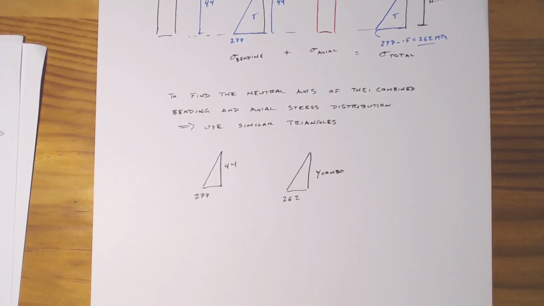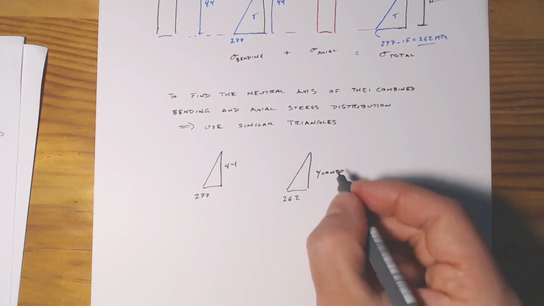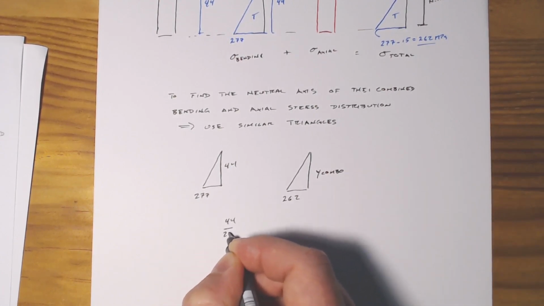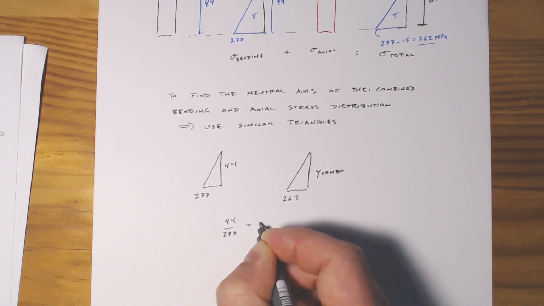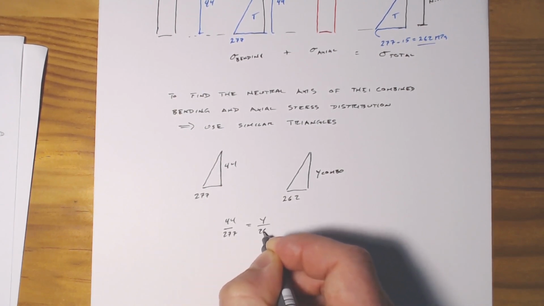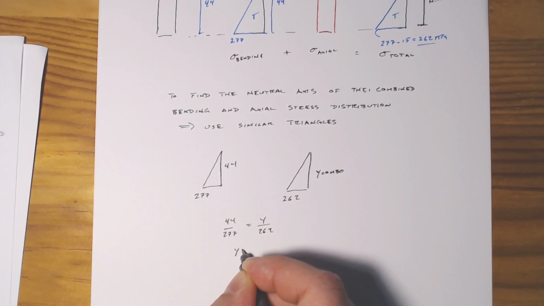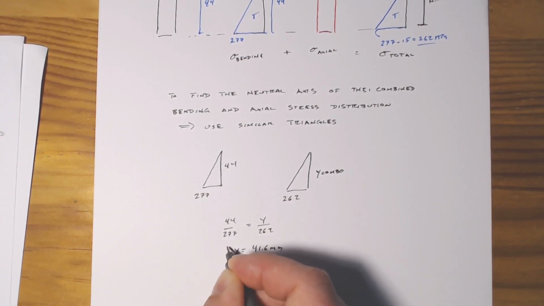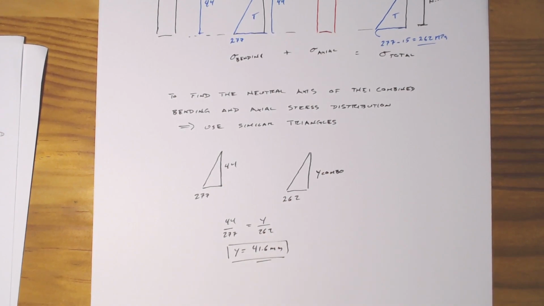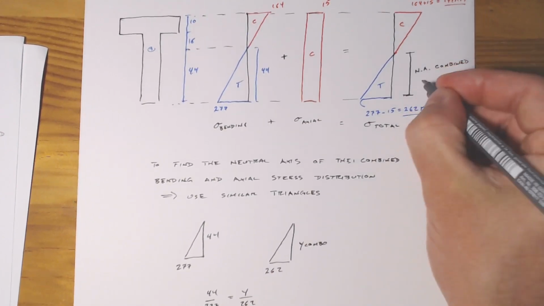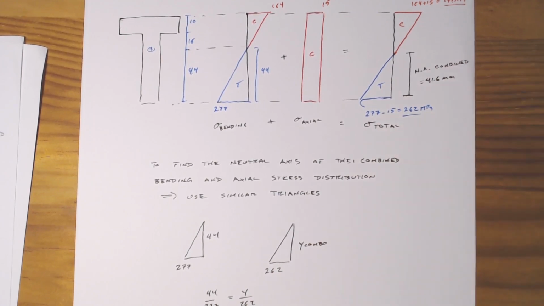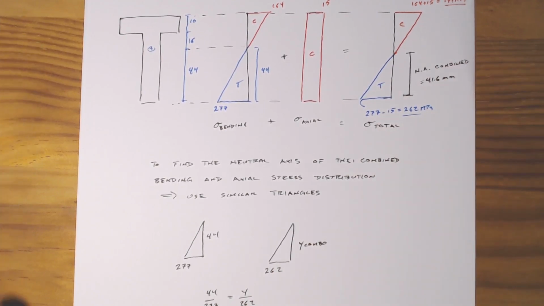So the ratio of those two will give us what the neutral axis is. So we'd have 44 over 277 equals Y over 262. Y equals 41.6 millimeters. And that's really all there is to it.